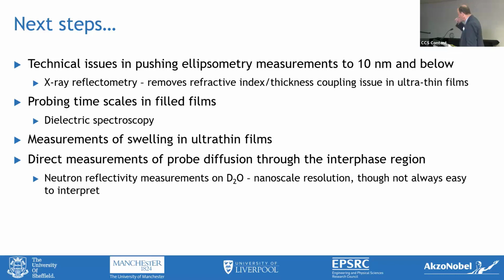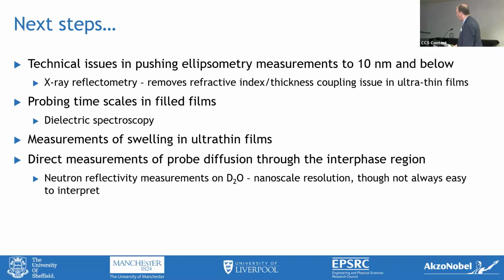In X-ray reflectivity, we should be able to remove that coupling between the refractive index and the thickness in the data analysis. I showed the data from Andy, showing we can use dielectric spectroscopy to probe the timescales directly in thin films. And of course, what we do need to do is to measure swelling in ultra-thin films. That's on our agenda. Well, it's not on our agenda, we're doing it.